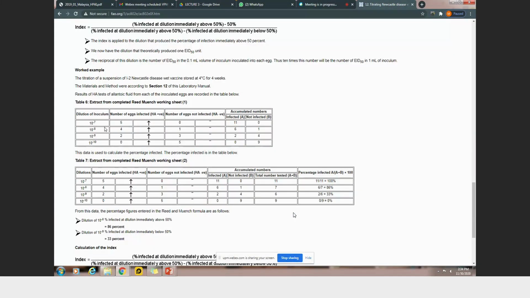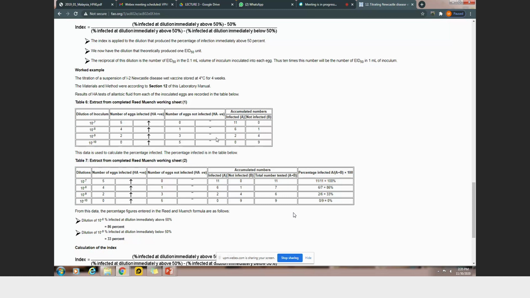Okay, this is basically the same result as just now. This is 5 for -7. This is the positive result and this is the negative result. So you need to add one more column designated as accumulated numbers, and you need to subdivide it into infected versus non-infected.